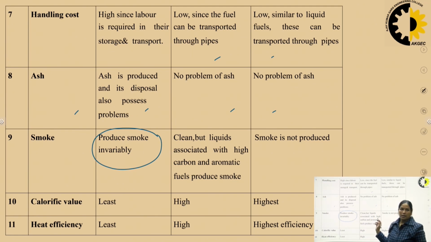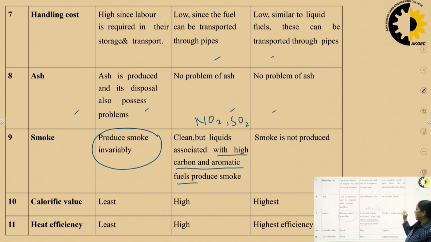Liquid fuels are cleaner fuels, and because they are high carbon and aromatic fuels, when they burn they form products such as CO2 and H2O, and no such pollution is there. But if liquid fuels are burned with NO2 and SO2 present, they will produce pollutants. And in gaseous fuel, no smoke is produced.